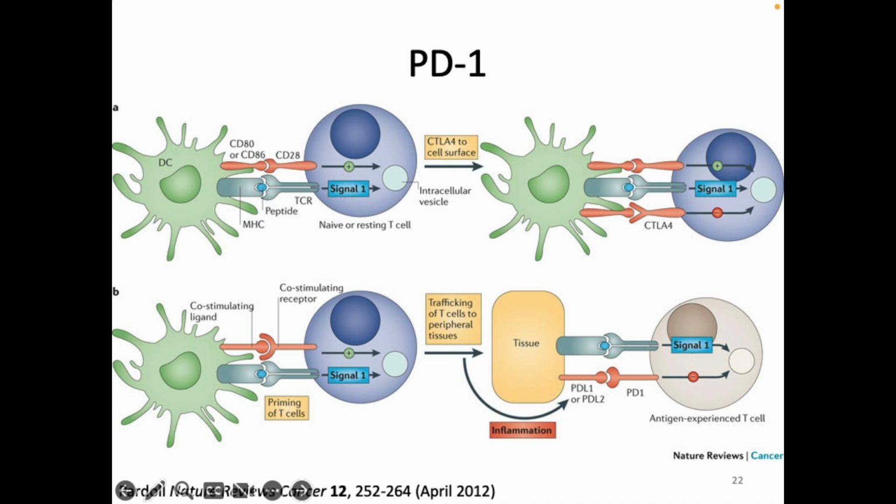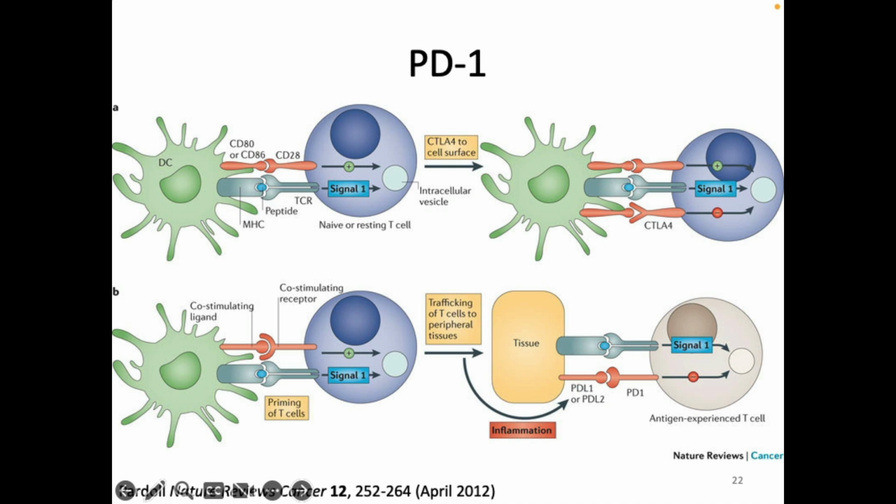It's going to use signal 1 and signal 2 from CD28. It's going to get turned on. It's going to eventually get CTLA-4 on its surface and get turned off. If that T cell is perhaps not a naive T cell, perhaps that T cell is an activated T cell in the periphery, it might use a different negative receptor, like PD-1.